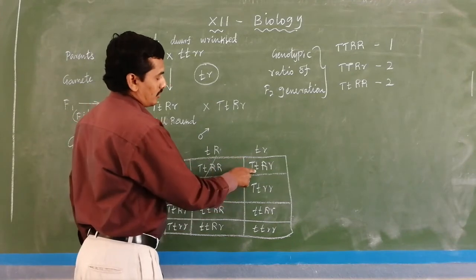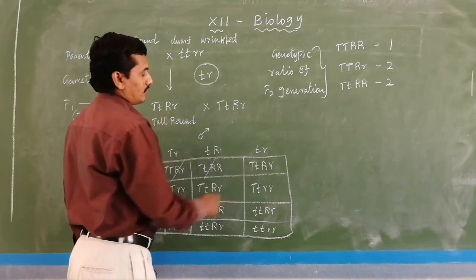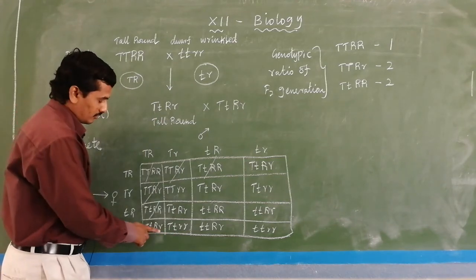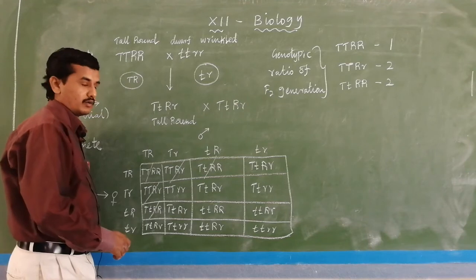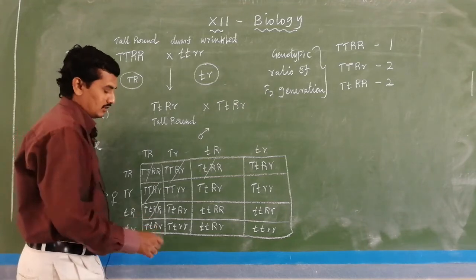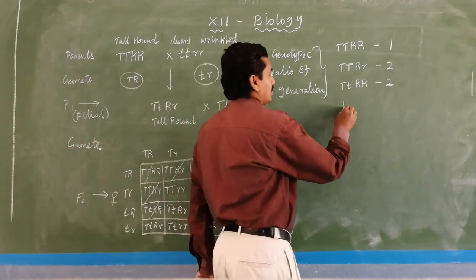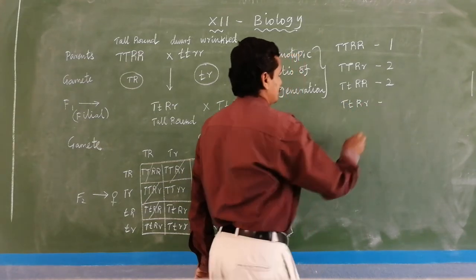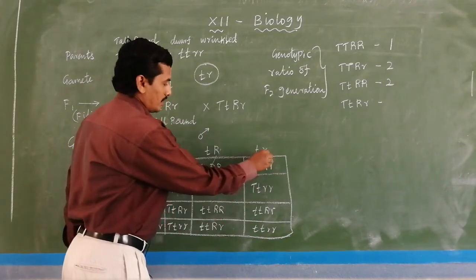Then consider the next one. Here what? Heterozygous tall and heterozygous round. Heterozygous tall and heterozygous round. Here also heterozygous tall and heterozygous round. So how many? Let's take heterozygous tall, heterozygous round. Here 1.